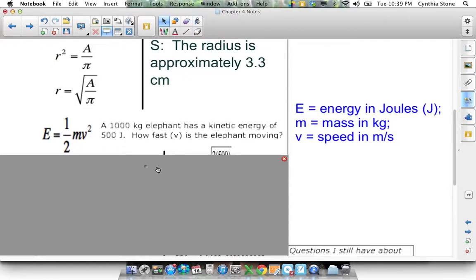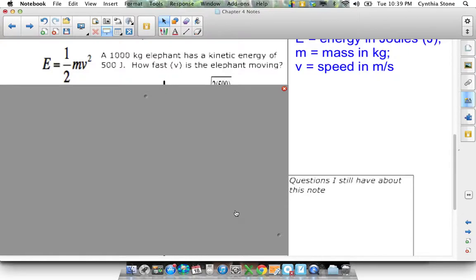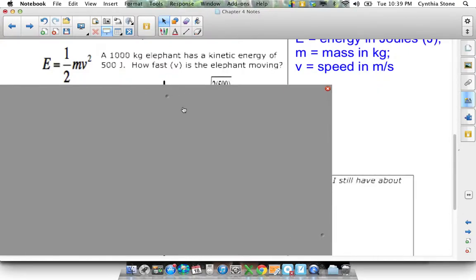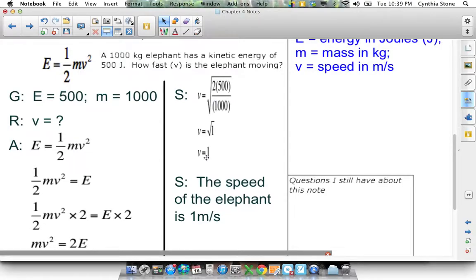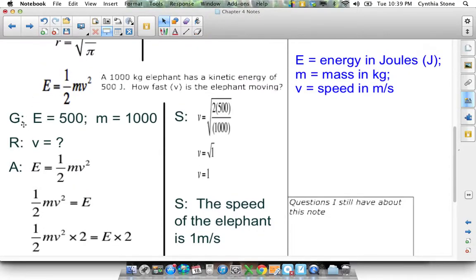And that's what the question is looking for. So here I start subbing in. Given E equals 500, M is 1,000, M for mass. Looking for V. So here's my equation as it was given.